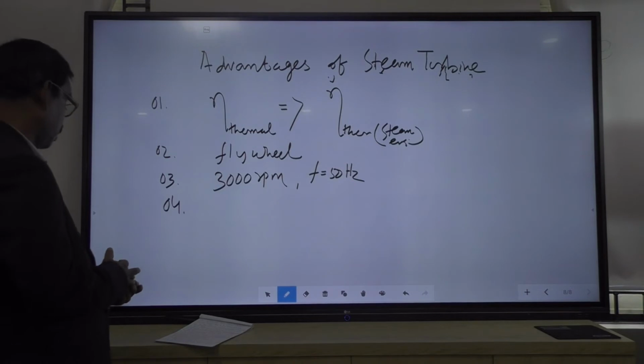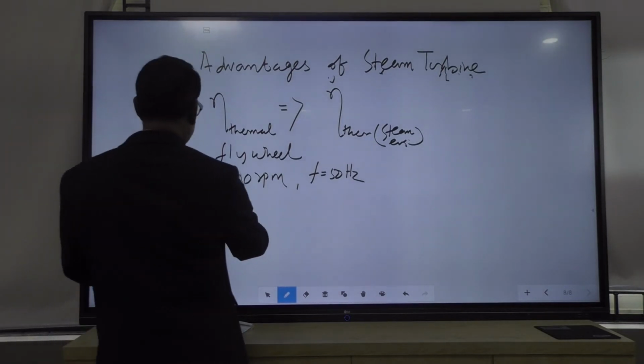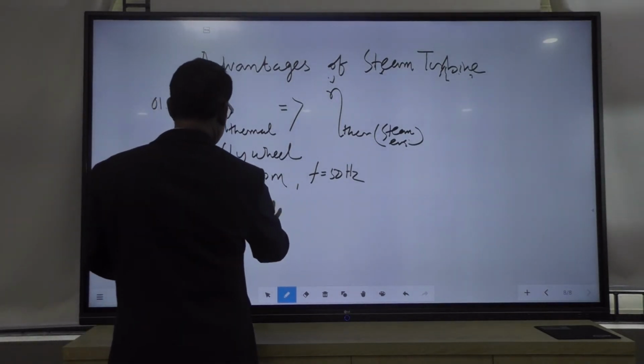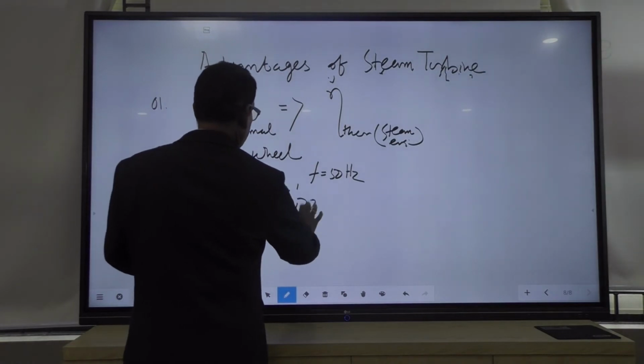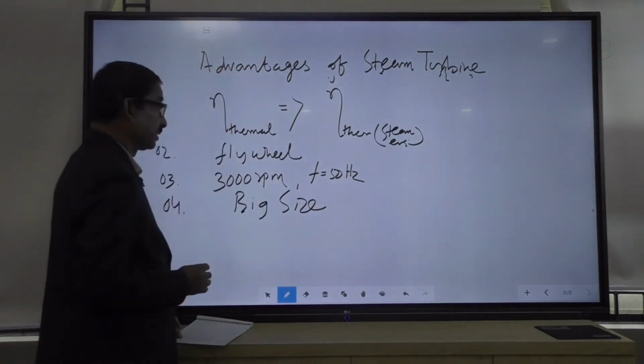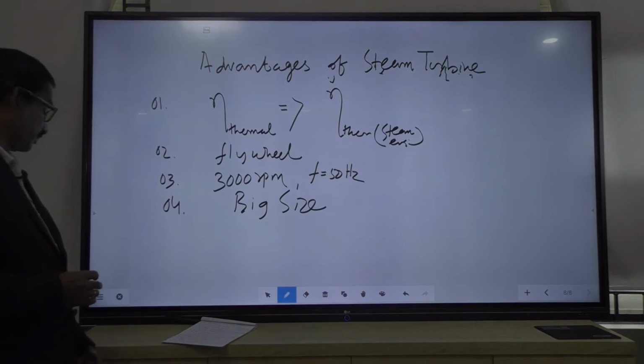So it is possible to design a big size turbine in the case of a steam turbine.